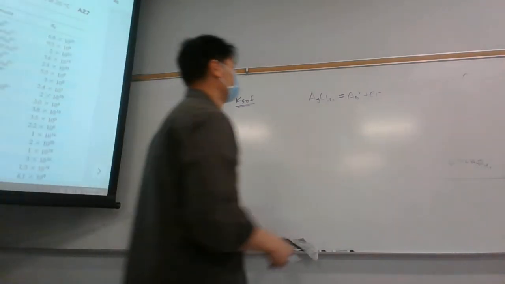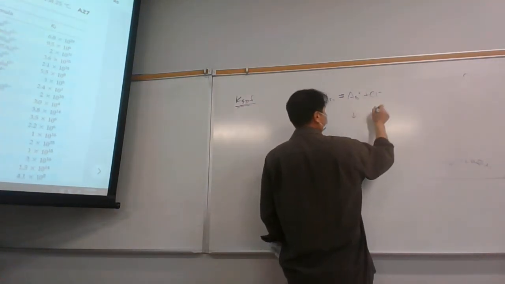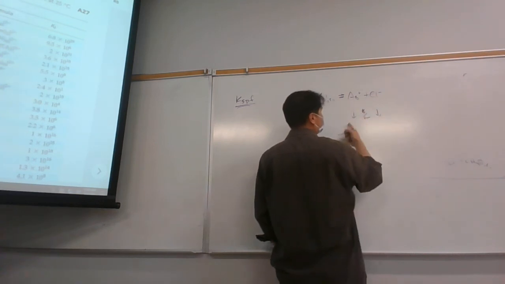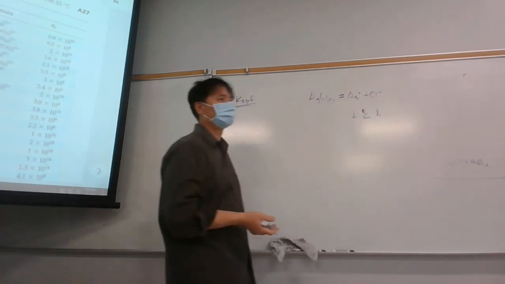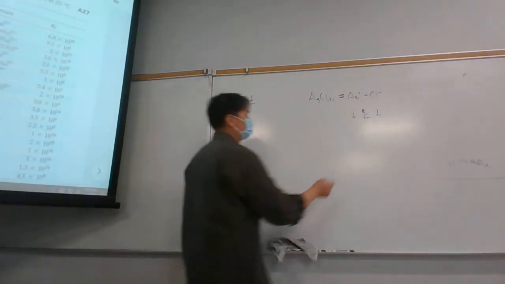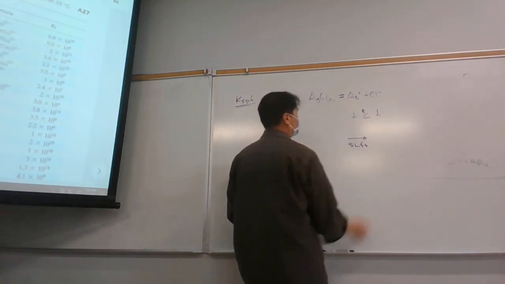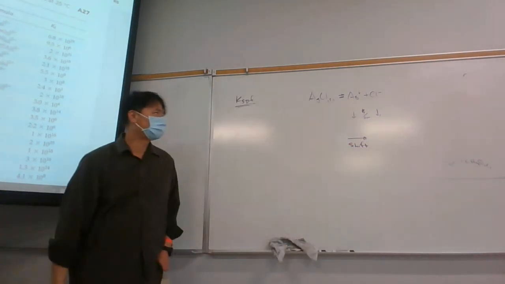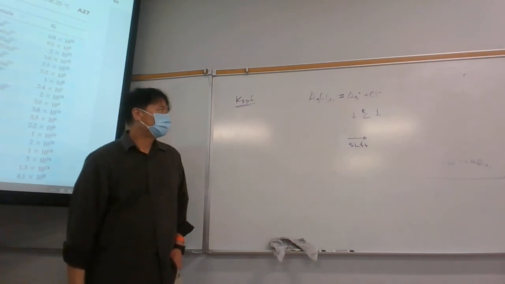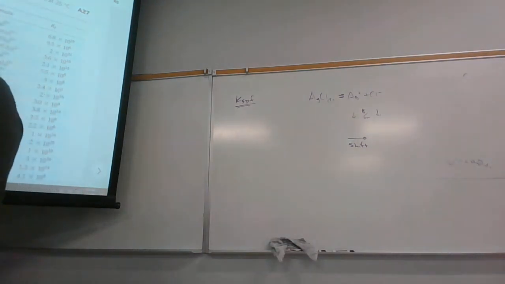And so if we can decrease silver ions or decrease chloride ions, it'll shift the equilibrium to the right. Right shift. Okay.